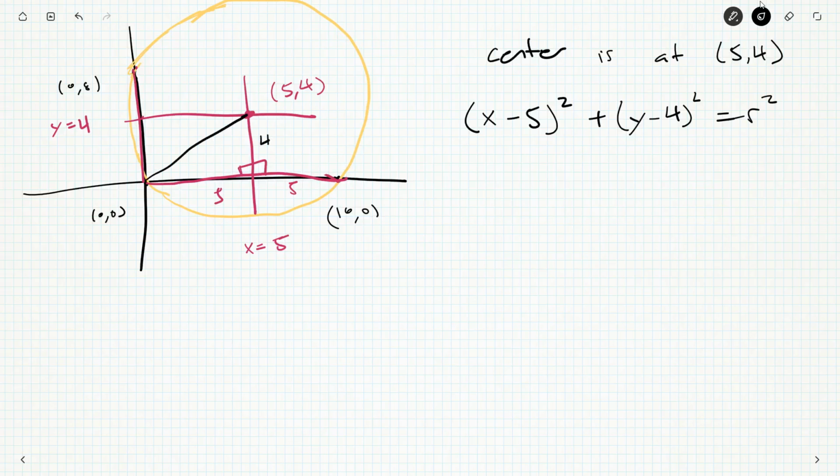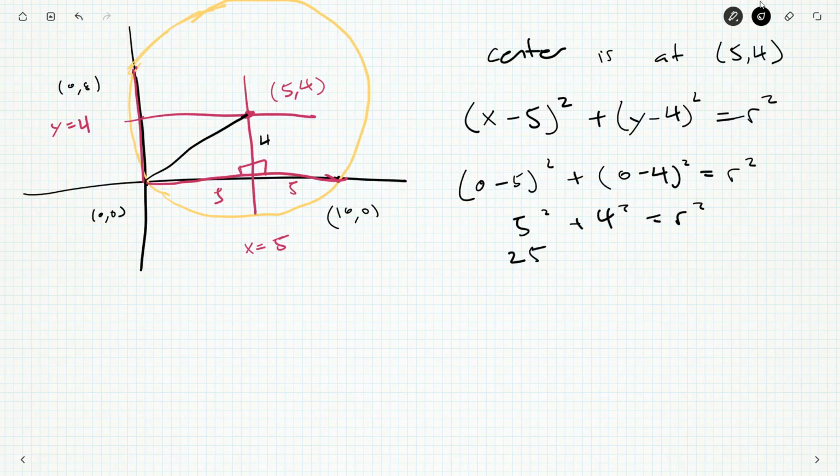Or we could just substitute a point in, like (0, 0). So 5 squared plus 4 squared is equal to r squared. That's 25 plus 16, so 41 is equal to r squared.